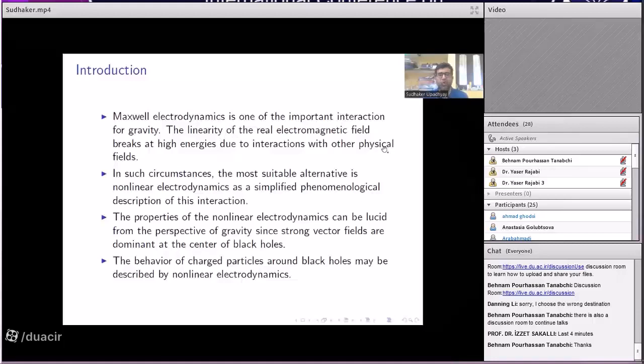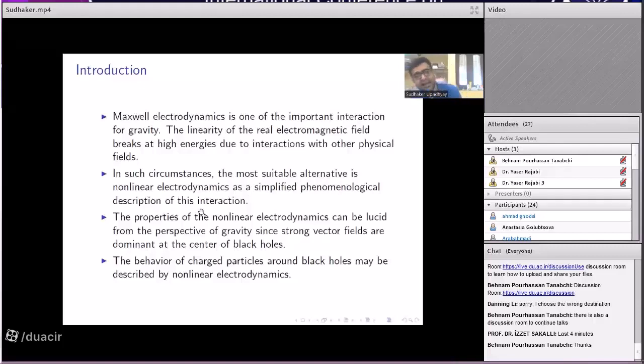So we actually require a more general electrodynamics, which explains the theory at high energy as well. In such circumstances, the most suitable alternative is nonlinear electrodynamics, as a simplified phenomenological description of these interactions.